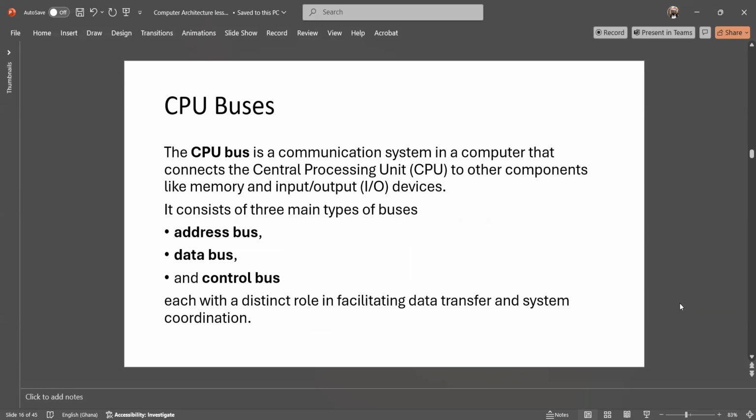So you only send addresses from the CPU to the memory or to a particular storage device. We have the data bus, which is used to send information from the CPU to a component and from a component to the CPU. And then we have the control bus, which is used to send signals to various components to perform particular actions and then replies back to the CPU. Now, when we look at this further, I will explain further.